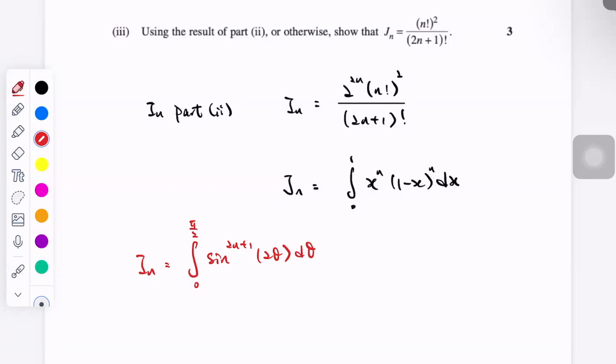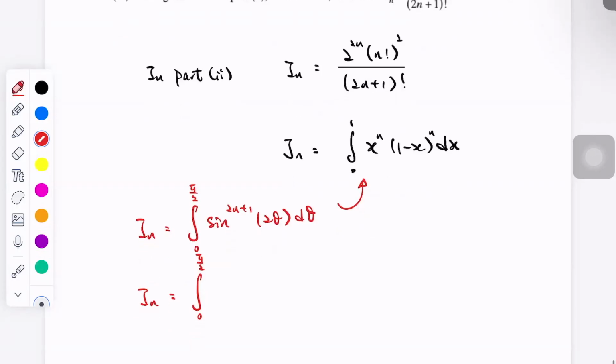If you look at the pattern, if I want to change it back to the Jn form, isn't it that I can do something like this: integration from 0 to pi over 2. First of all, I can split it up, which is sine^(2n) 2 theta times sine 2 theta d theta.